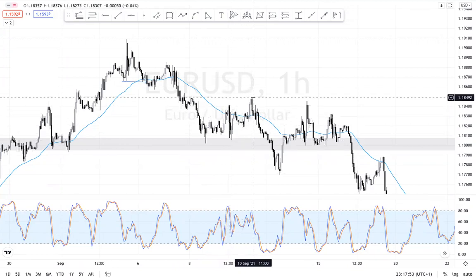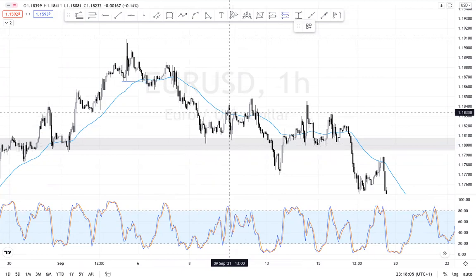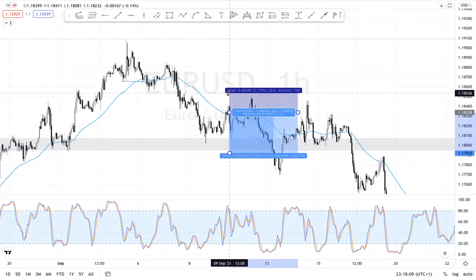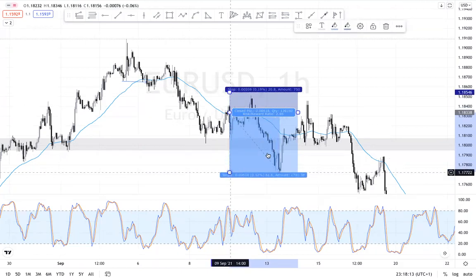I had a little misunderstanding here and did not come back up here. But if you had your stop slightly above this high, something like this, around here, 20 pips for 60 pips, this would have been a win also for you.